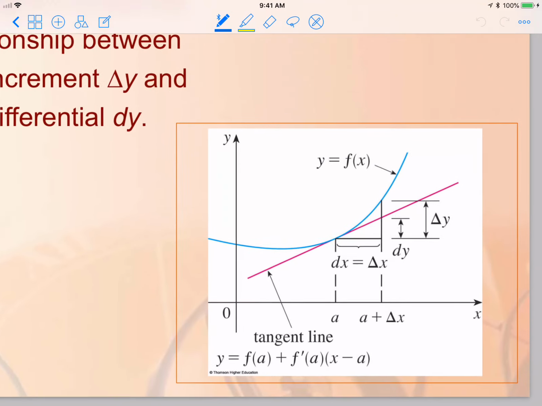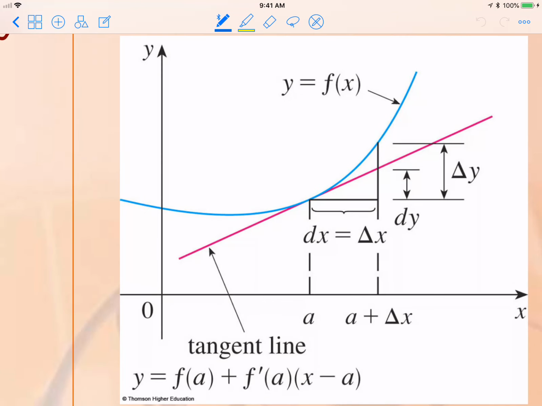And then this was the picture, a geometric description of what was going on. Remember before with linear approximations, we're looking at increments. So the increment in x, which is delta x, is this distance from a to a plus delta x.